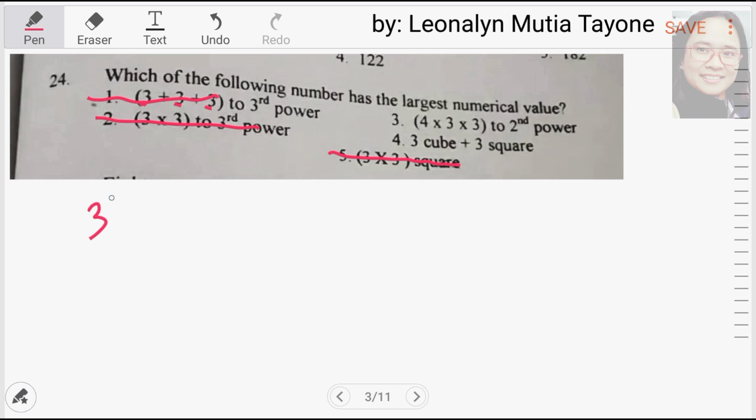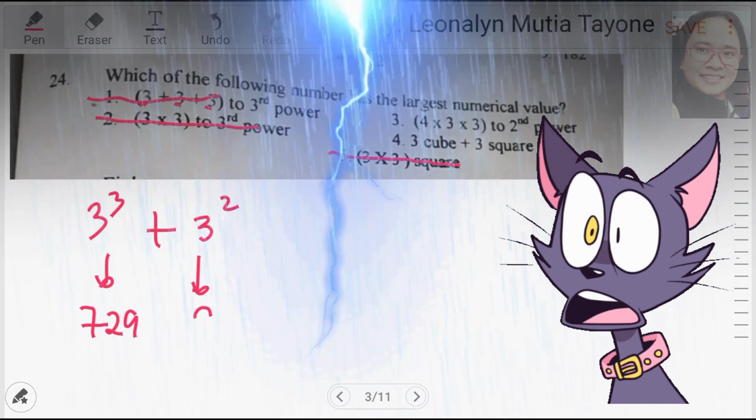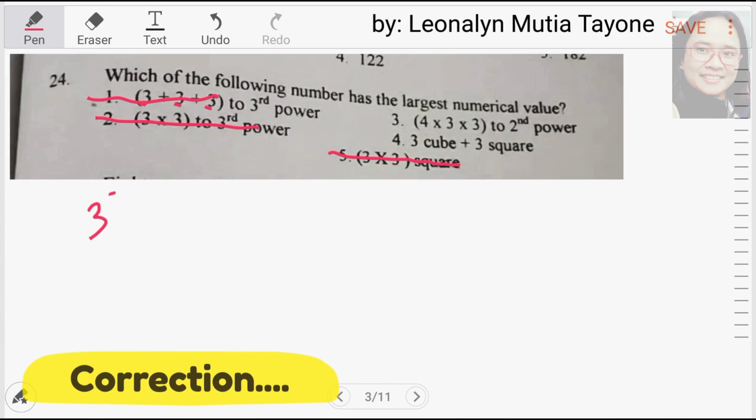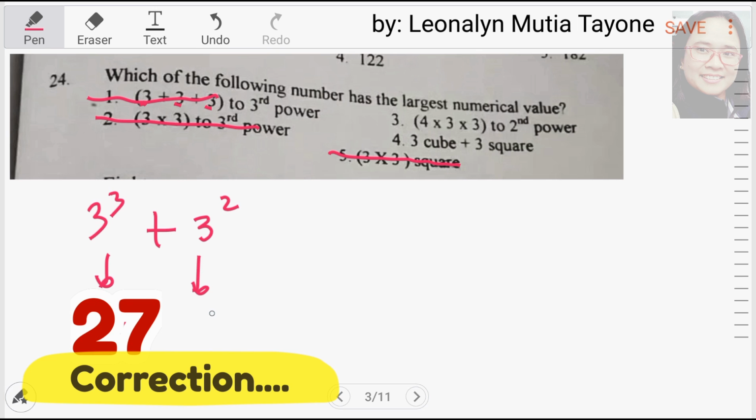Ang 3 cube plus 3 squared, 27 at ito naman ay 9. So, less than 100 siya.